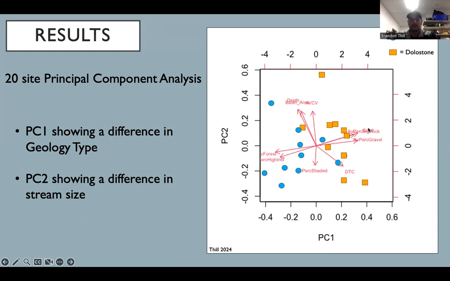So it's placing our streams on this axis where our sandstone streams are more over to the left and our dolostone to the right. Our PC2 axis, or the y-axis, is showing a difference in stream size. And we have negative relations between things like percentage of the stream that's shaded and distance to cover, as well as depth, basin area, and current velocity.